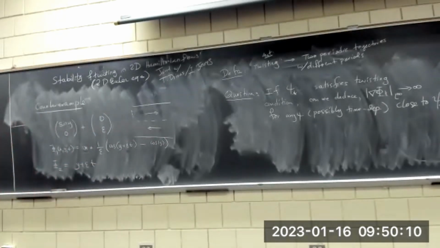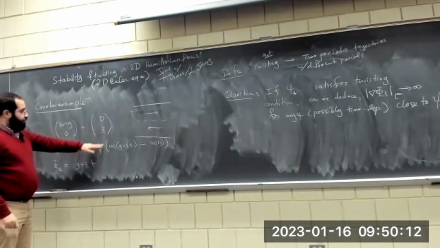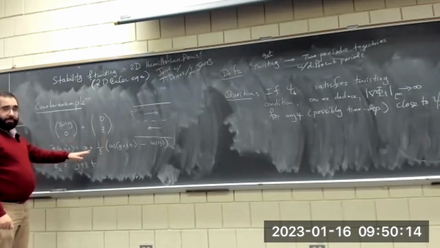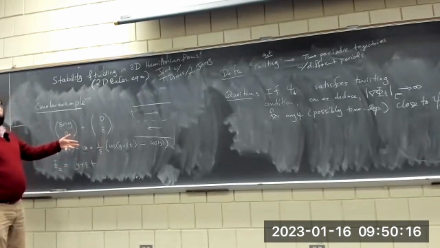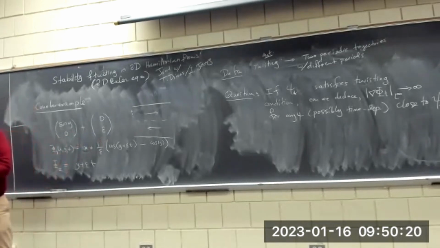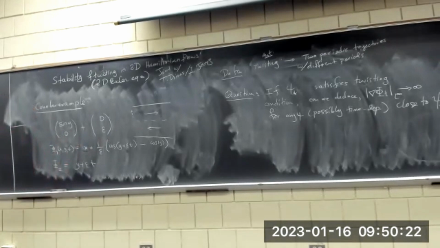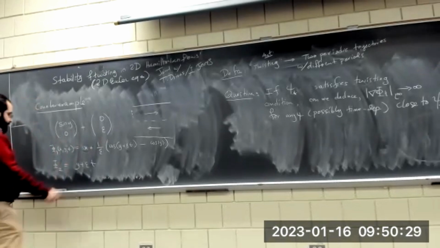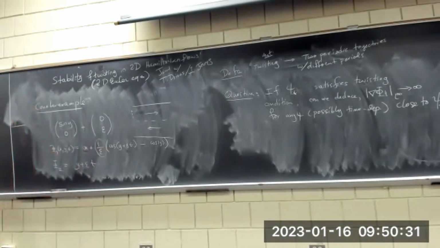You see that the gradients grow to size 1 over epsilon, which is natural. If you have infinite growth of the gradient in an ODE and you make a small smooth perturbation, for some time it's going to keep growing, but then it maxes out at 1 over epsilon.